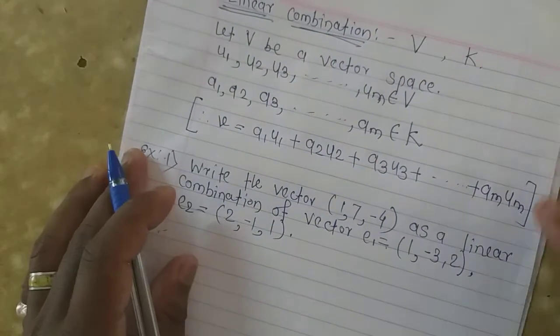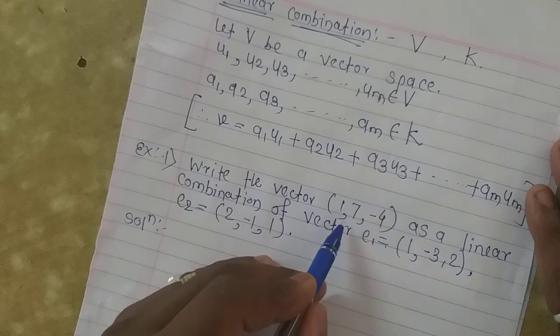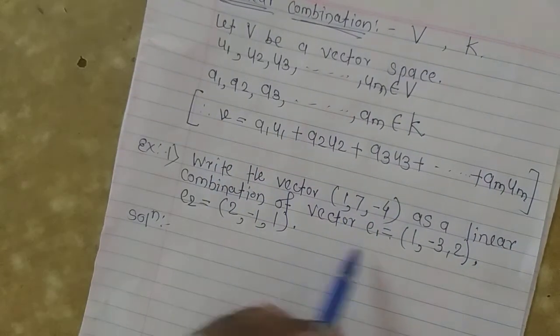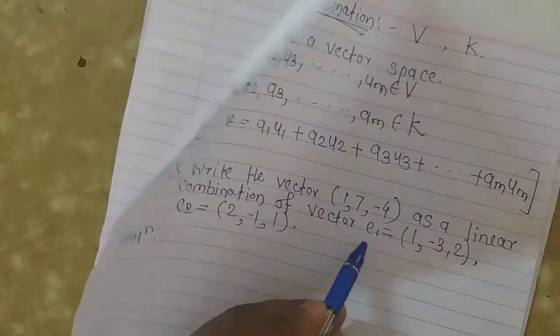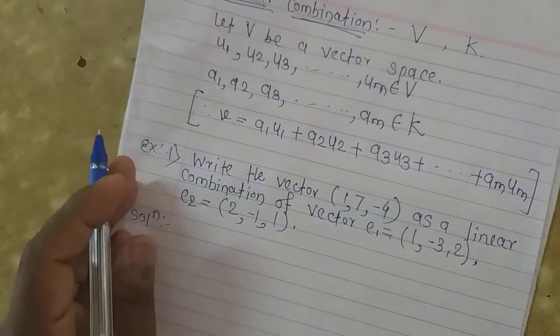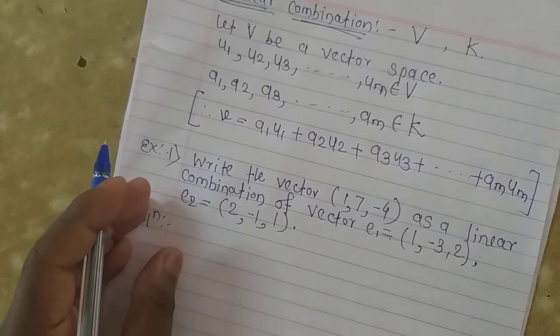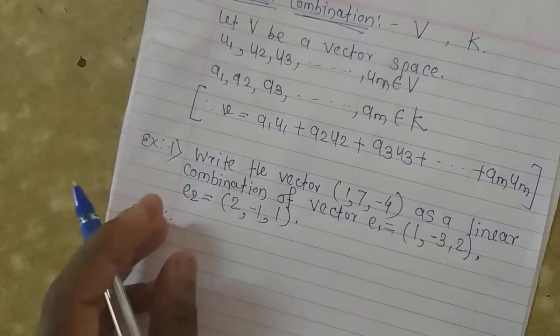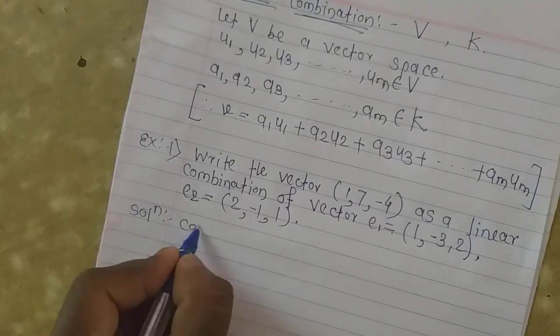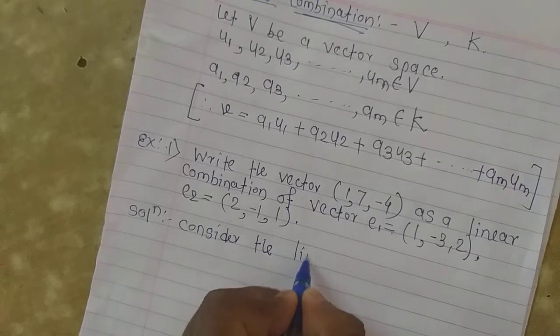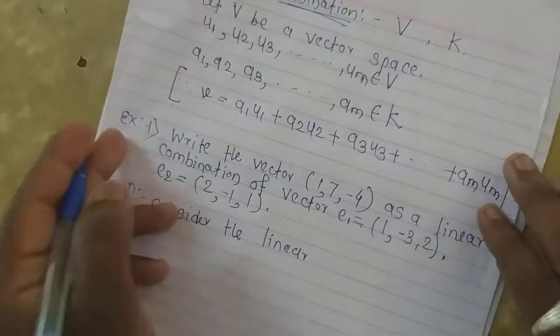Then the resultant vector, small v, is (1, 7, -4), and the vectors are denoted by e1 and e2, with respect to scalars a1 and a2. Then we calculate the value of the scalars a1 and a2.